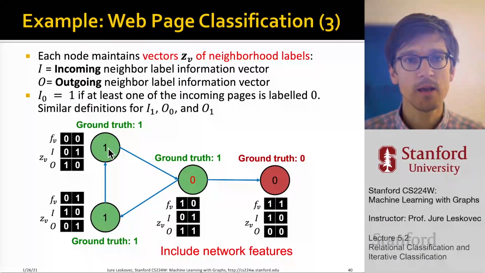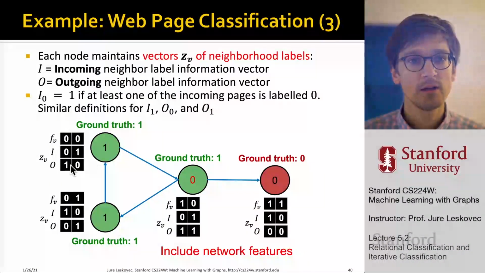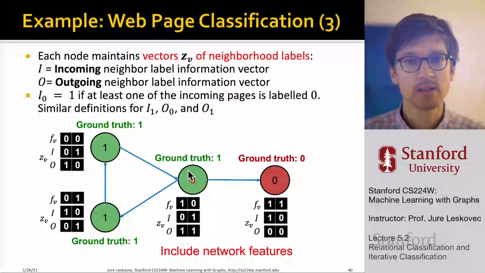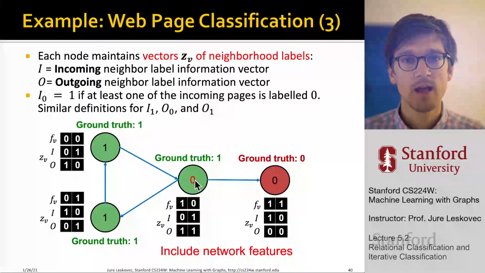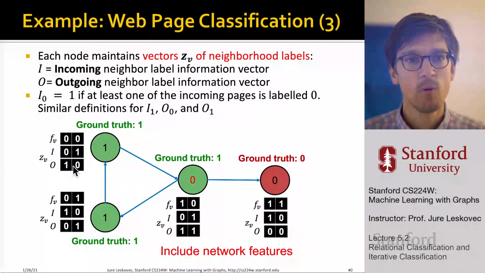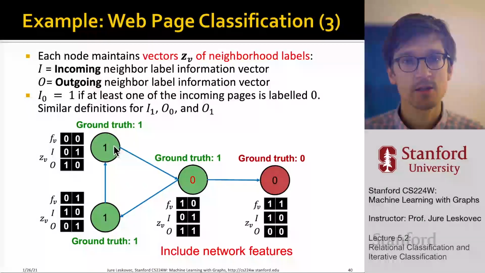It's an incoming neighbor. And then on the outgoing neighbor side, on this edge, we have one neighbor that is predicted as class 0. So notice that colors correspond to ground truth and numbers correspond to predicted labels. That's why here I have a 1, 0, because the node of interest has one outgoing edge to a node of class 0 and has 0 outgoing edges to nodes of class 1, the green class.